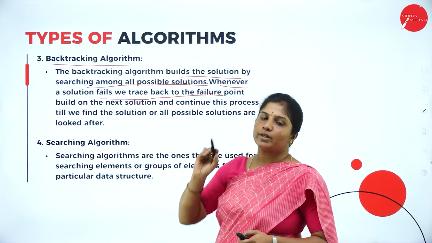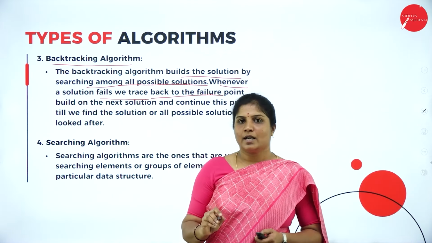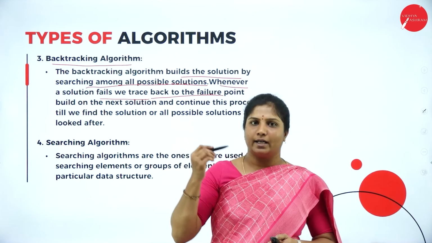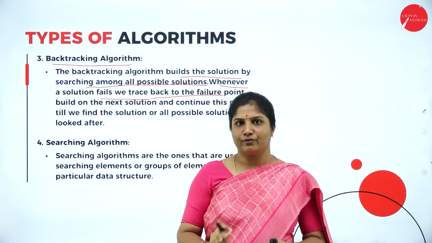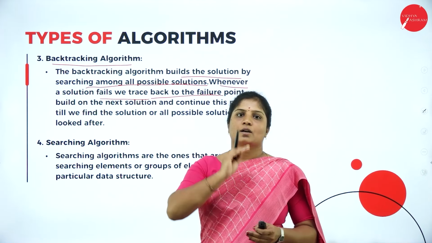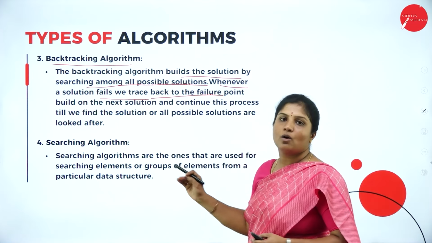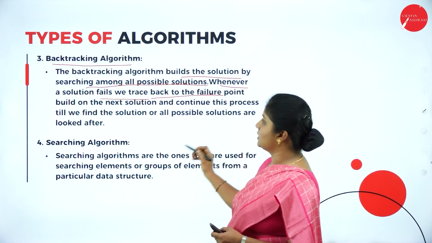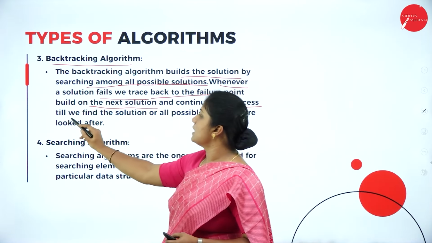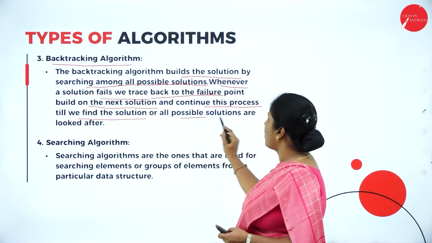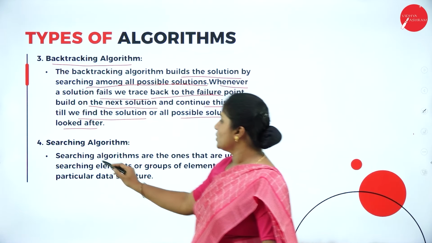In our childhood days, our parents would say, tell the tables of 8. If we keep on telling 8 ones are 8, 8 twos are 16, 8 threes are, and we stop there at 8 fours are, next we will again go back to the 8 ones are. Like that, this backtracking algorithm works. It builds the next solution and continues this process till we find the solution or all the possible solutions are looked at.